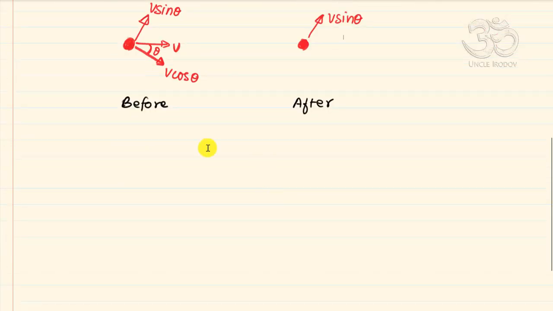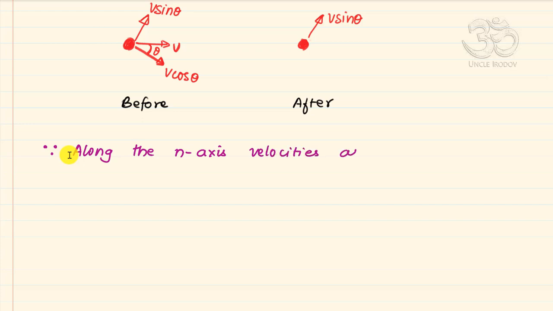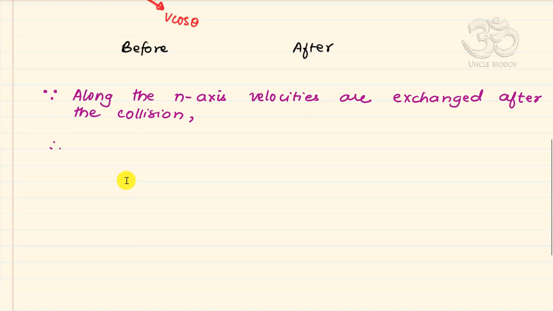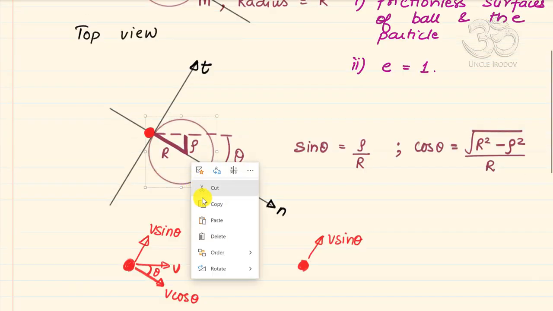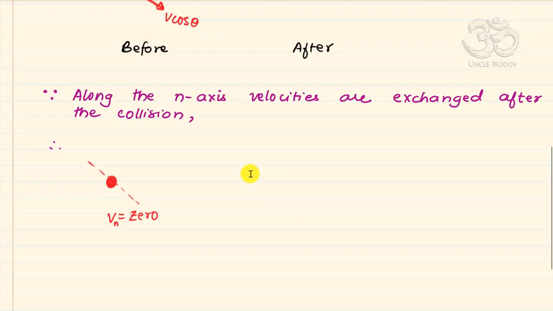So since along the n-axis velocities are exchanged after the collision, therefore I can say that the ball, in fact first the particle, has got zero velocity along the normal axis after the collision, and the ball has got a certain velocity which will be equal to v cos theta after the collision.